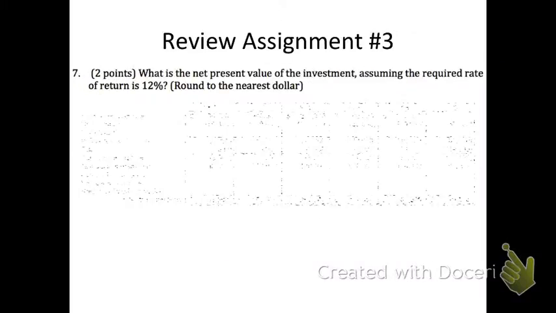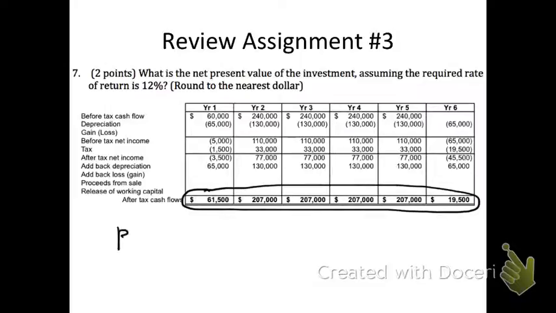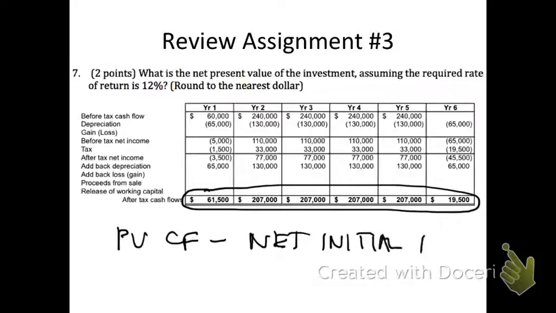Alright, and then the net present value. The net present value now is taking the present value of the after-tax cash flows. So you take the present value of these cash flows minus the net initial investment, and that's your net present value.